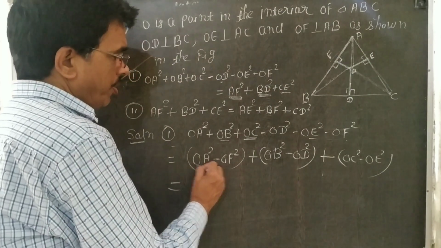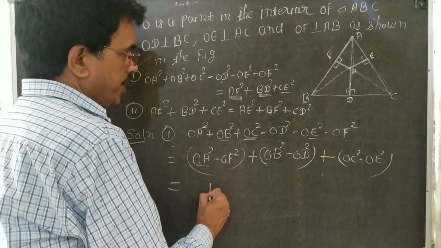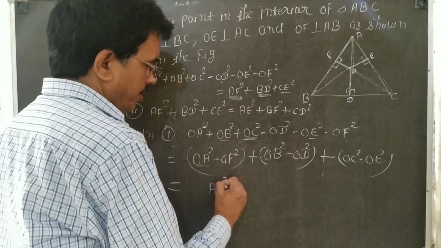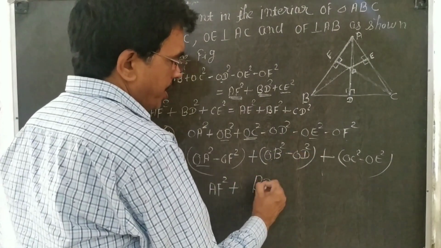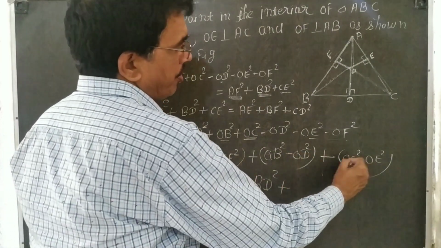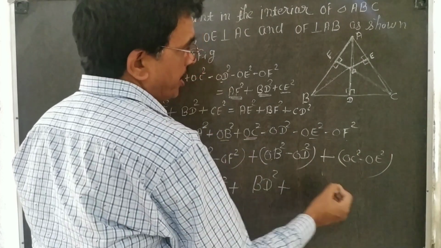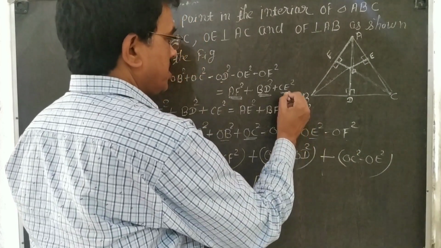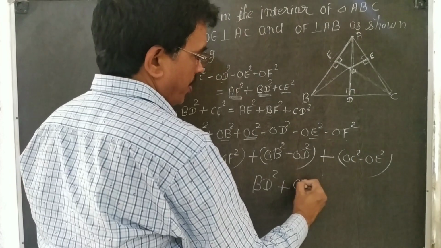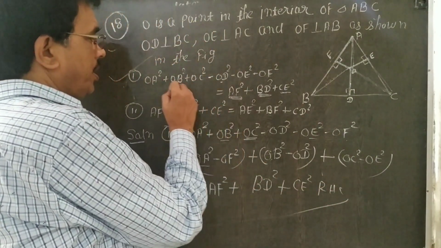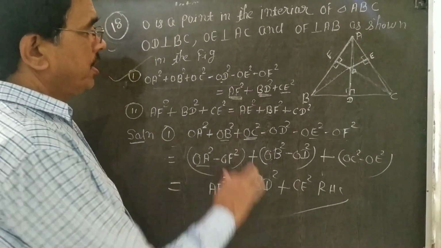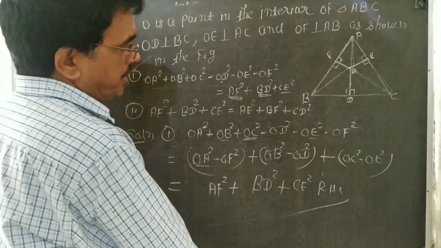So what do you get? OA square minus OF square is equal to AF square, plus OB square minus OD square is equal to BD square, and OC square minus OE square is equal to CE square. It is the RHS. So you rearrange the LHS, then you find the RHS.